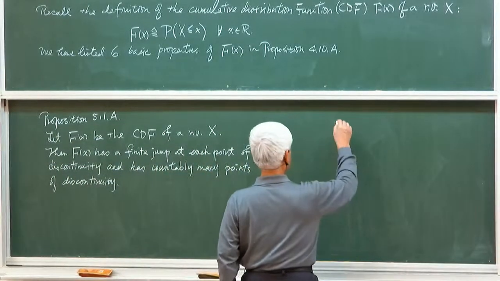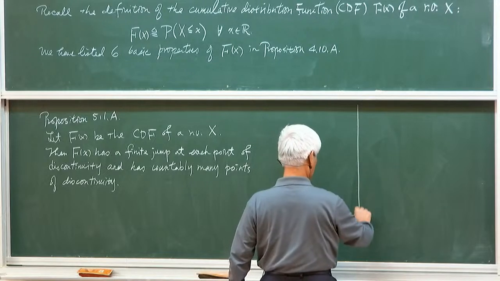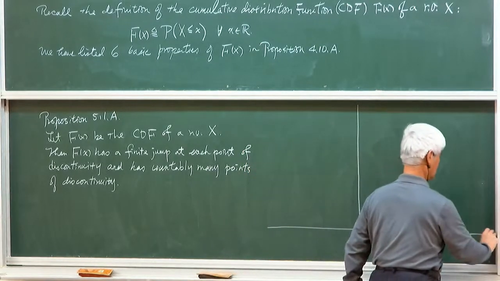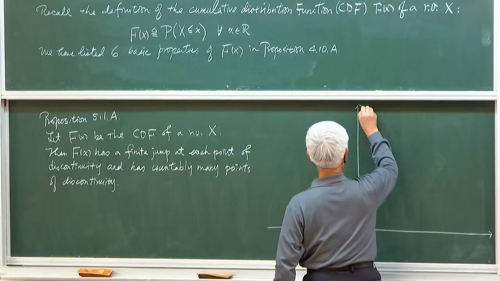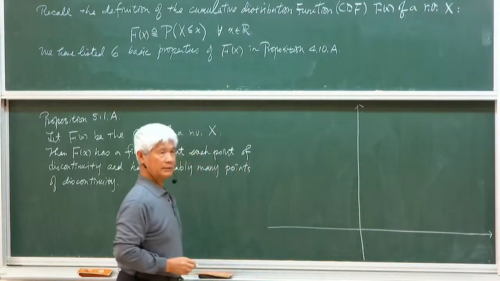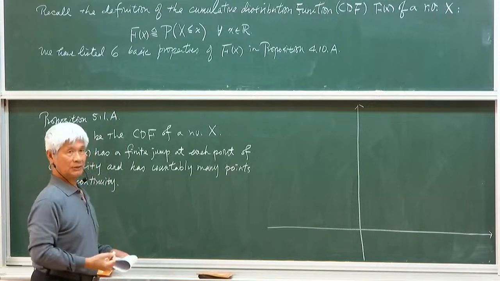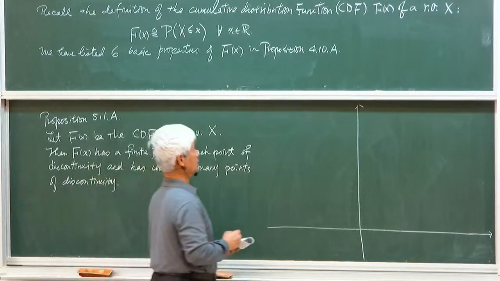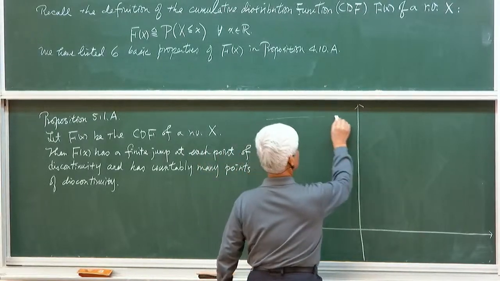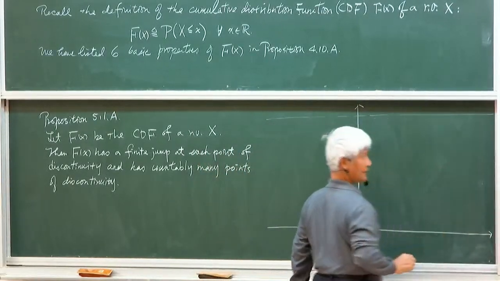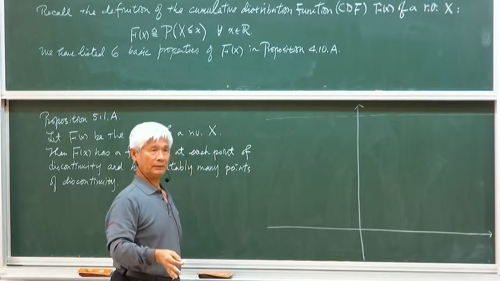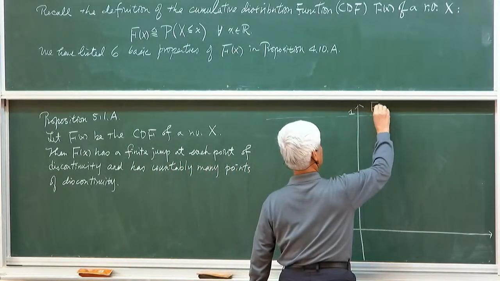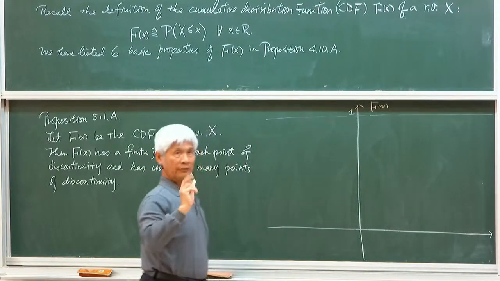Okay, so let me draw a figure of a CDF. As we know from proposition 4.10.8, the CDF has value in between 0 and 1. So this is 0 and this is 1. This is from the first property.